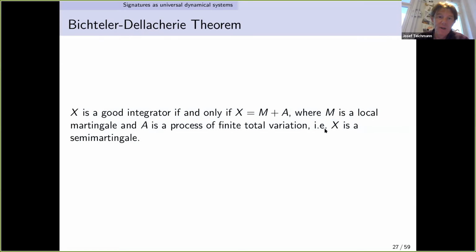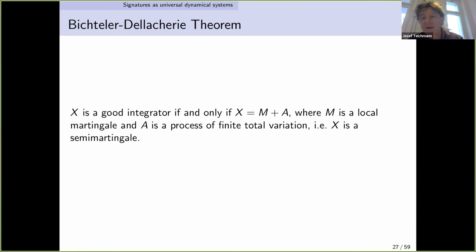And the Bichteler-Dellacherie theorem, named after Klaus Bichteler and Claude Dellacherie, then tells the following: a good integrator is a semi-martingale. And every semi-martingale is a good integrator. Both directions are non-trivial.